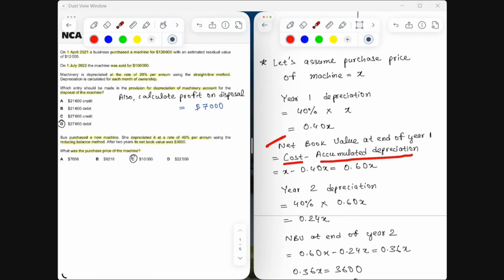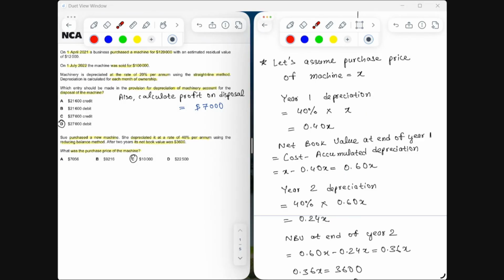The cost, which is the purchase price of X that we assumed, and then we are deducting 0.40X in the depreciation expense for the first year. That gives us a net book value of 0.60X.